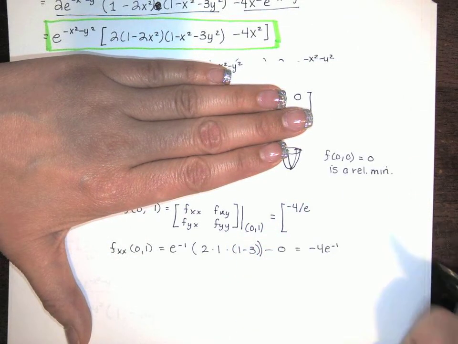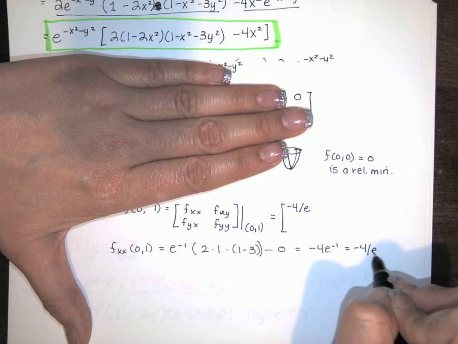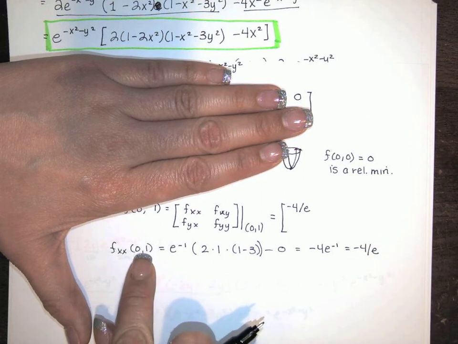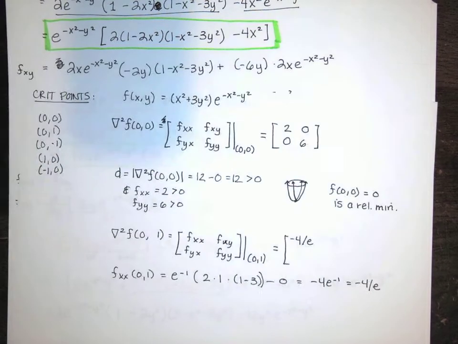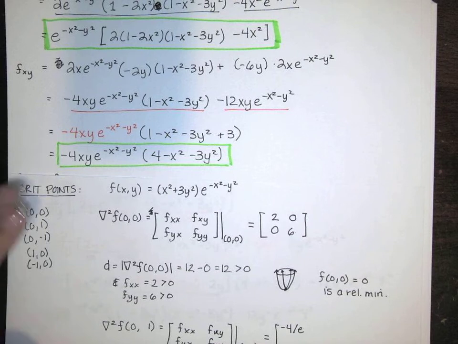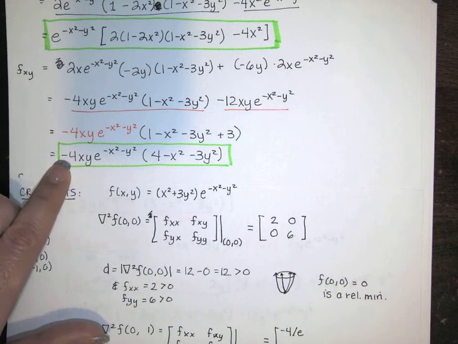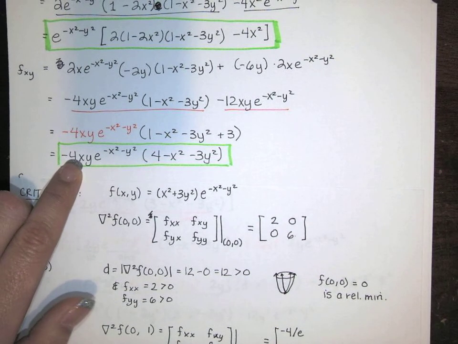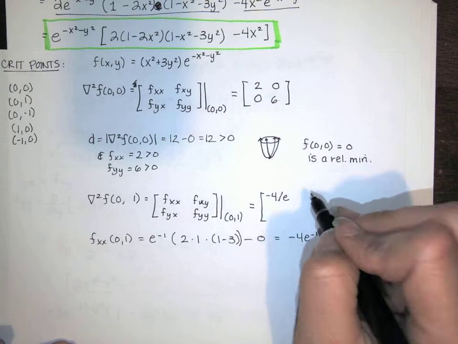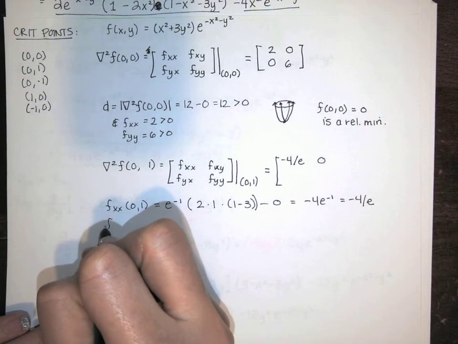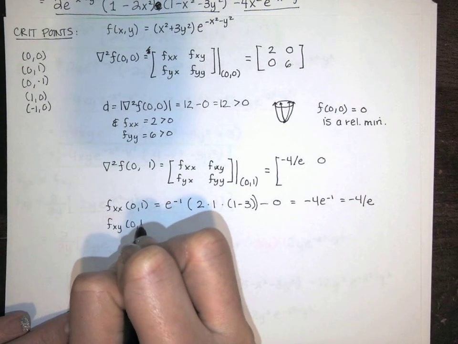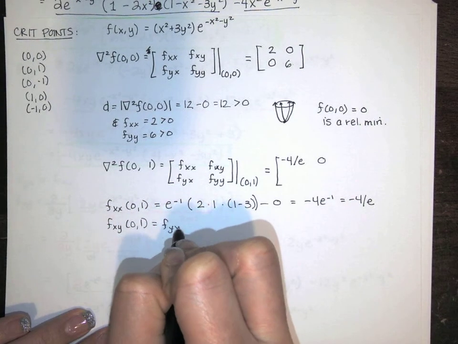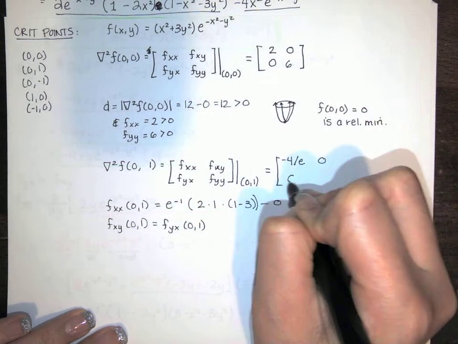So you have negative 4 over e. If x is 0 and y is 1, the second partial with respect to x and then y, well, if one of those variables is 0, that's 0. And the mixed partials are equal to each other, so the other one's 0 as well.